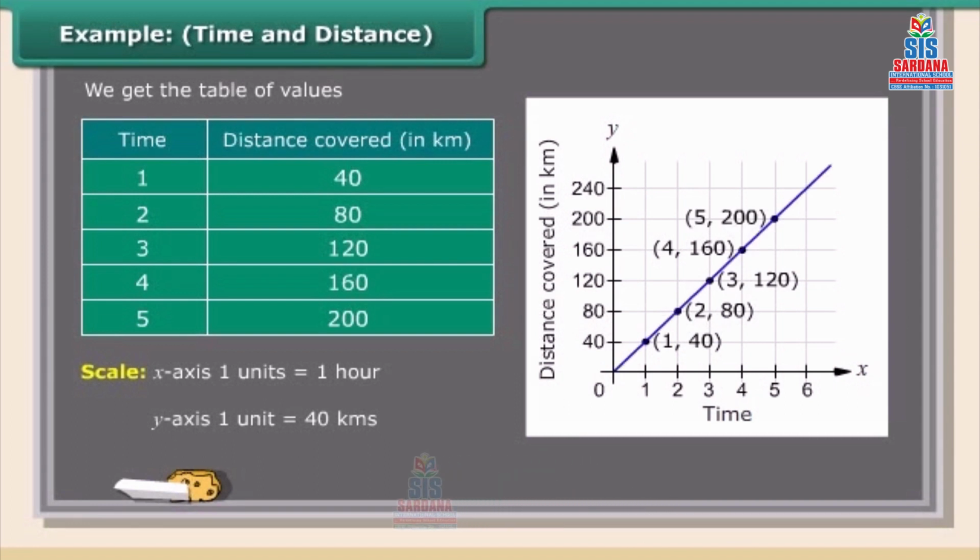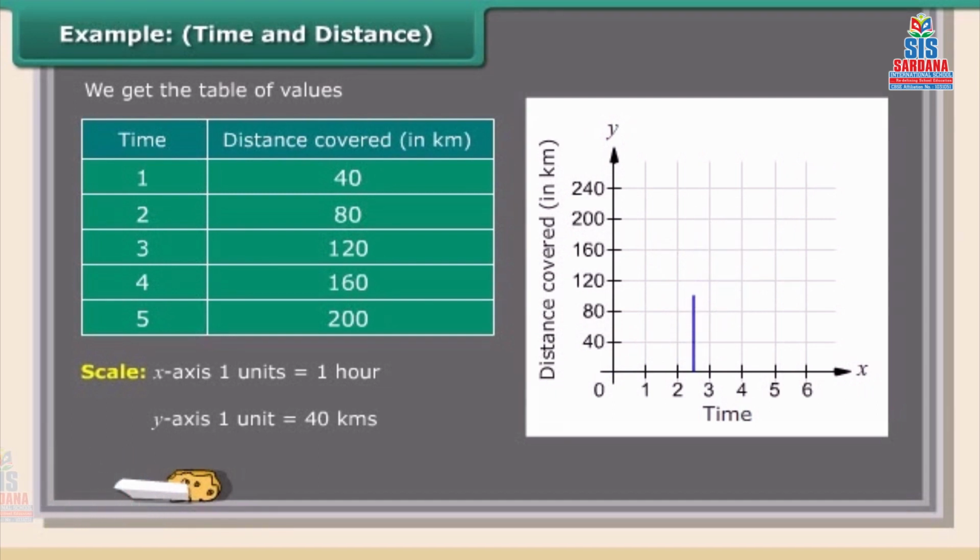We get a linear graph. 1. On the vertical axis, 160 kilometers corresponds to 4 hours on the horizontal axis. 2. On the horizontal axis, 2.5 corresponds to 100 kilometers on the vertical axis. Therefore, Akshay covers 160 kilometers in 4 hours, and in 2.5 hours, he is able to cover a distance of 100 kilometers.